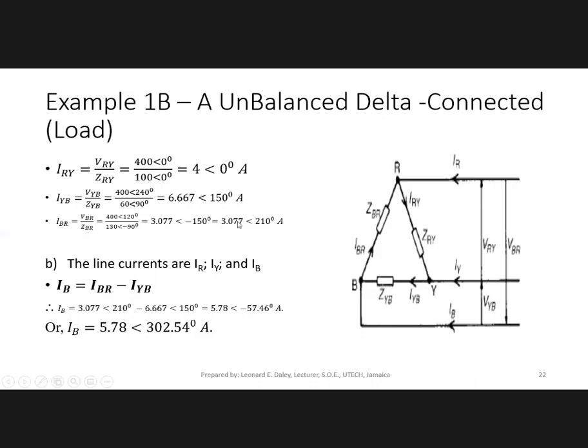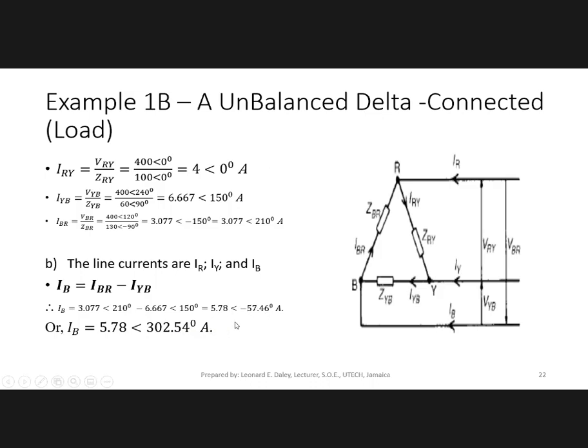IBR is that, and IYB is that. And we get 5.78 at angle minus 57.46, or if we want to write it in terms of rotating in the positive direction, it would be 5.78 at angle 302.54.